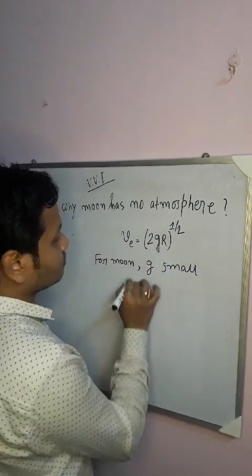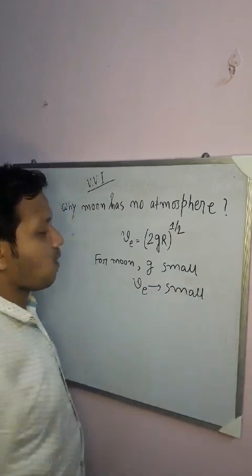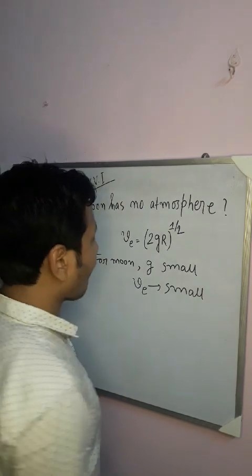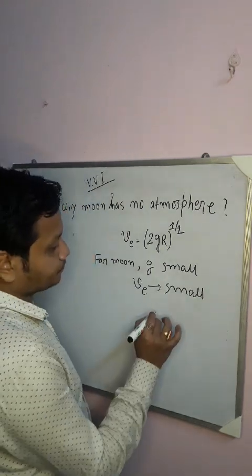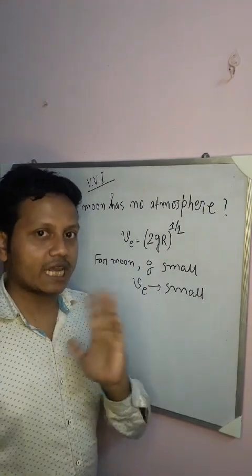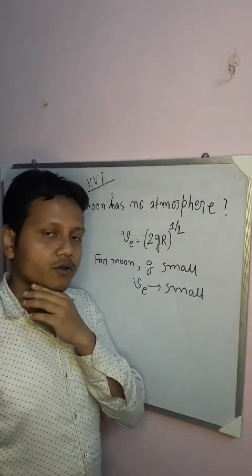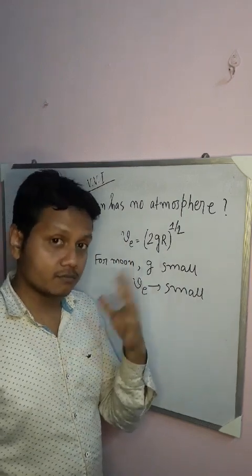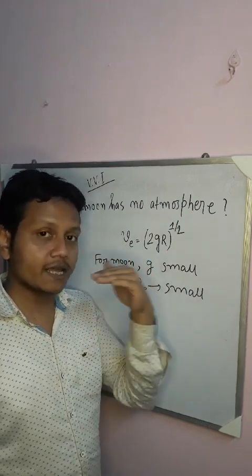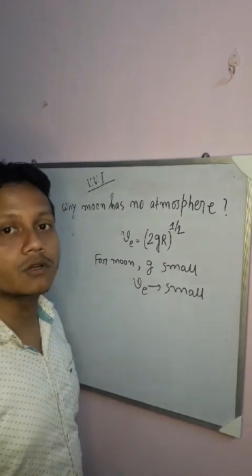So if g is small, v is what? Small. That means the gases that are inside the moon, or at the atmosphere of moon, will have greater thermal velocity than this escape velocity.